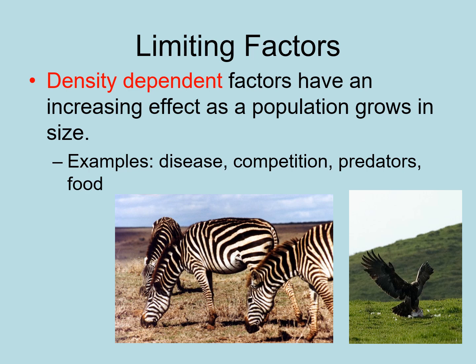But as they settle down, form families, and the population grows and grows, eventually food can become a problem. So again, density dependent factors, things like disease, competition, food, depend on how many things are in that population as to whether or not this is going to be a big deal.